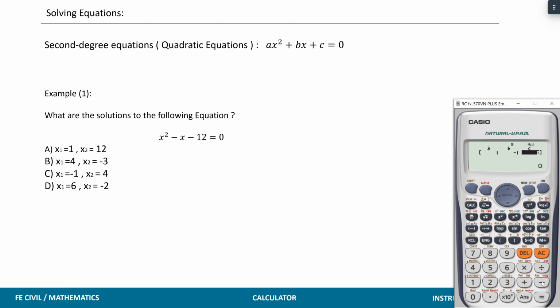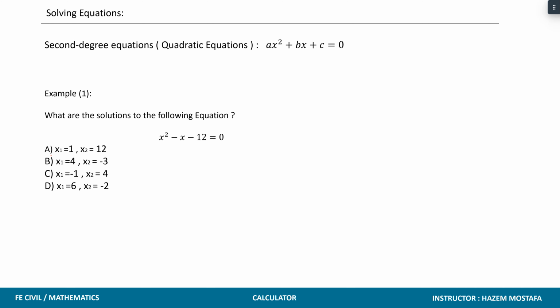So we're going to insert -12 equal, and then we're going to press equal again. So the roots of the equation are x1 equals 4 and x2 equals -3, which is solution B.